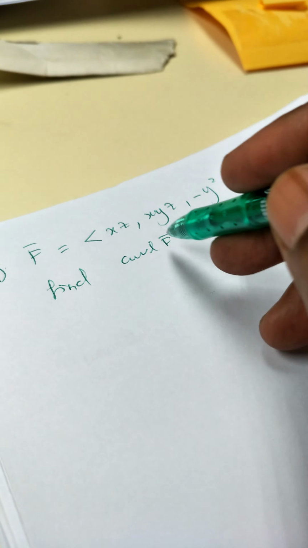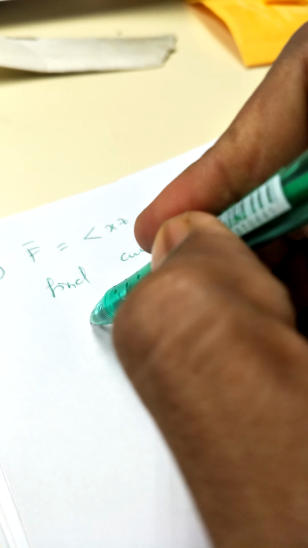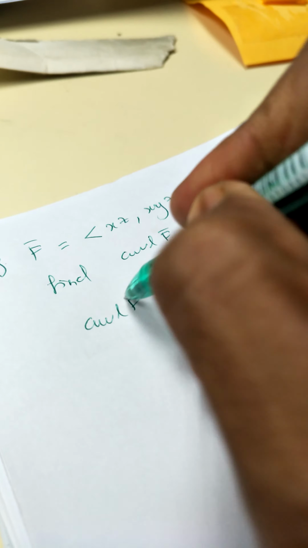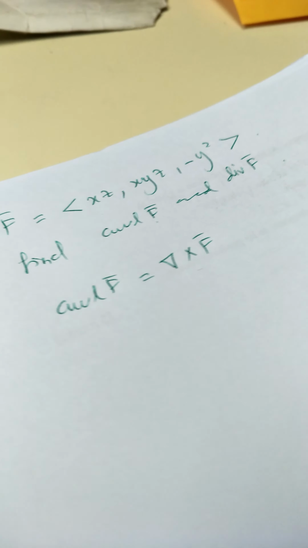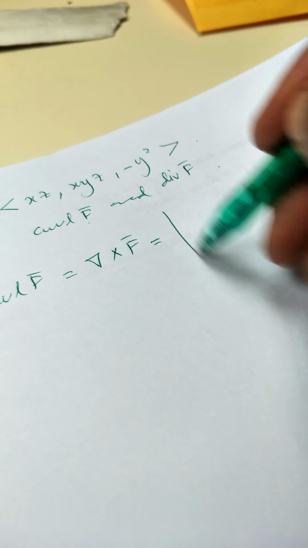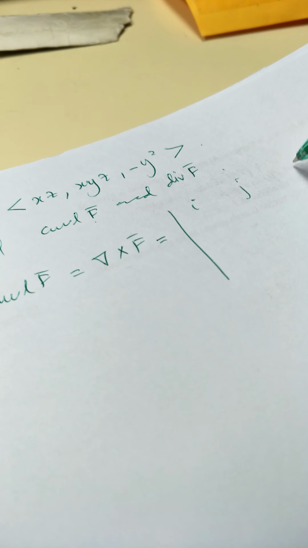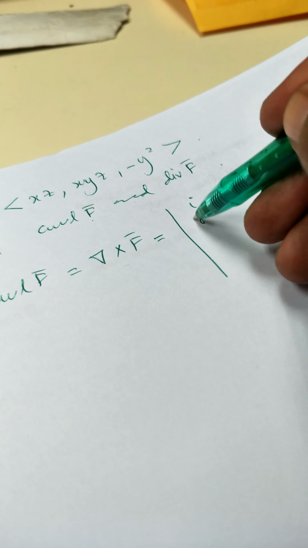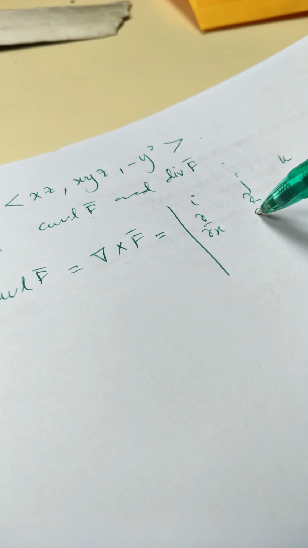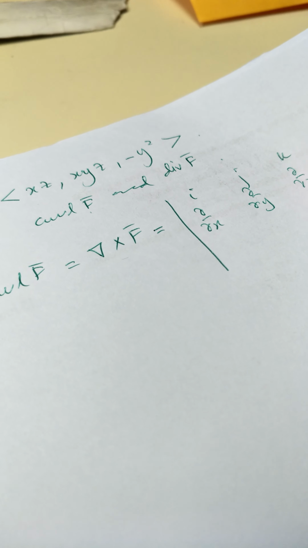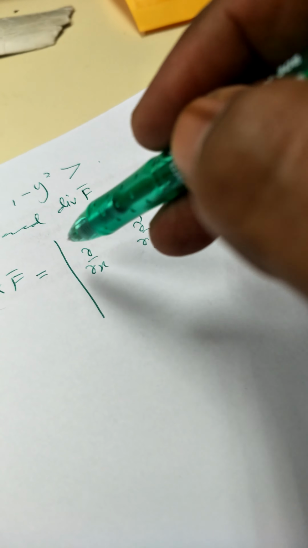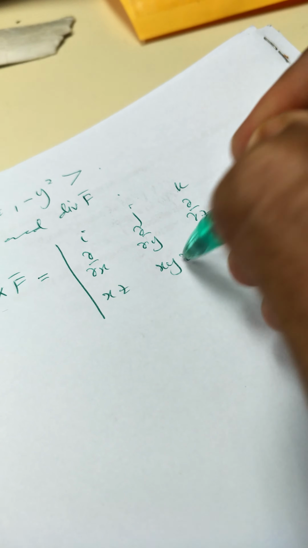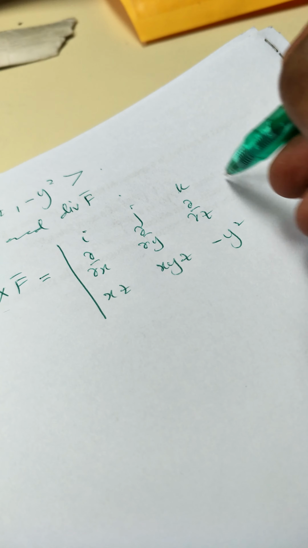Okay, so for curl of f, we use the definition: curl f is del cross f. All right, so you can just write i, j, k. For del, we have del x, del y, del z. For f, we have xz, xyz, minus y squared.